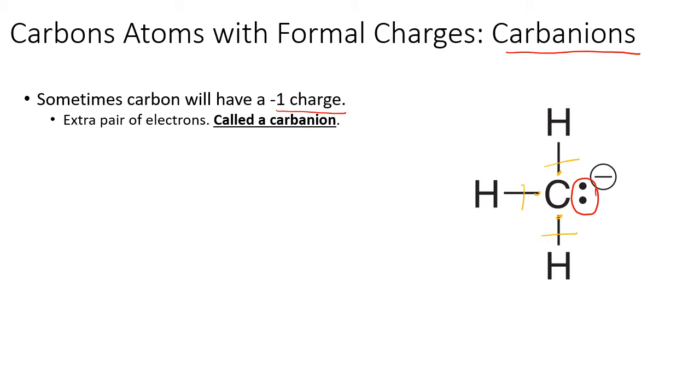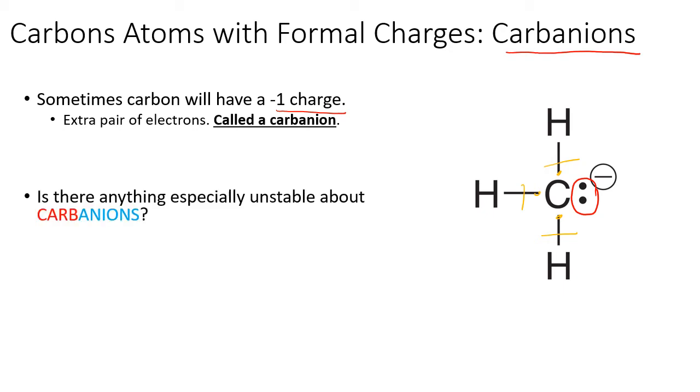Just like our carbocations, carbanions are not the most stable either, compared to when carbon has no formal charge and has 4 covalent bonds to it. And this is mostly due to the fact that carbon is not very electronegative. There are many more atoms that are much more electronegative than carbon, and they would much rather bear a negative charge rather than something like carbon. That negative charge on that carbon is not in a great orbital either.